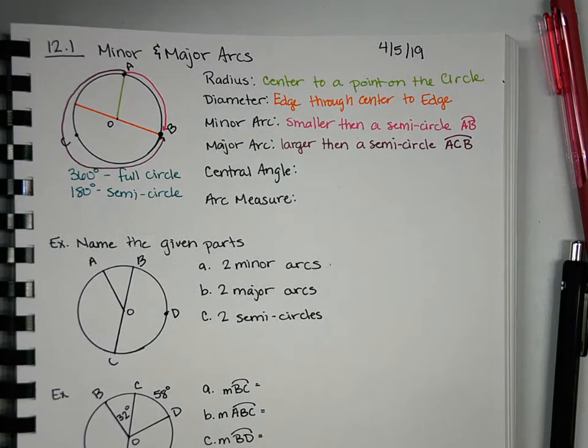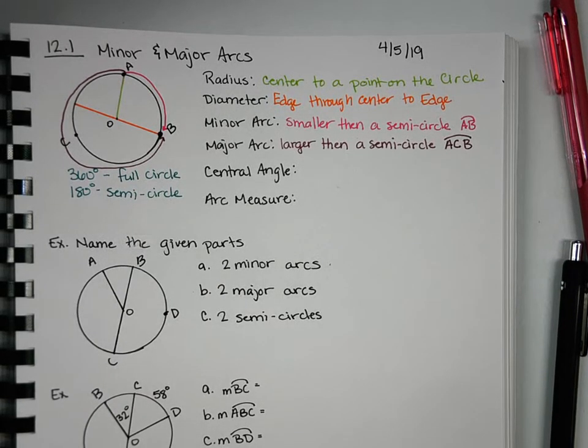Because what that does is it helps us determine the direction. So the A and the B are the start and finish, and what you went through in the middle helps you determine the path that your arc is, so that we don't confuse it with AB, the minor arc. That's what that middle letter is there to help you with.